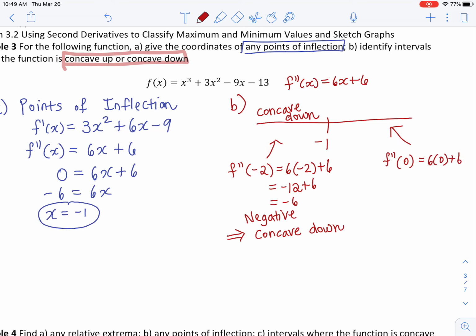I'm going to plug in 0. 6 times 0 plus 6 is 0 plus 6, 6. So notice this is a positive number. A positive second derivative implies this section is concave up.